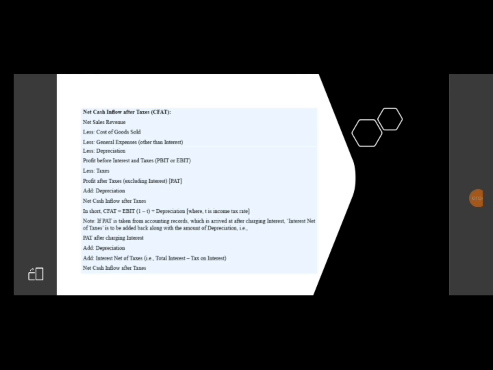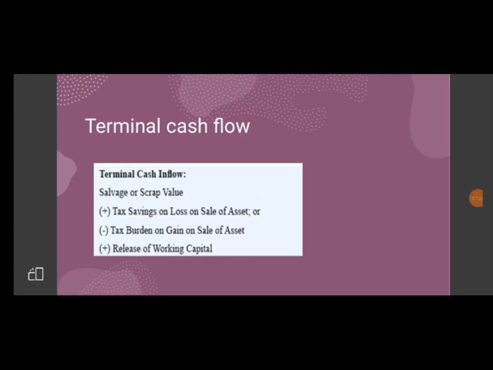If PBIT or EBIT is given, we have to deduct the taxes and add back the depreciation to arrive at the net cash inflow after taxes. If profit after tax alone is given, then we have to add back the depreciation, then add interest net of taxes, and then the net cash inflow after tax will be arrived.